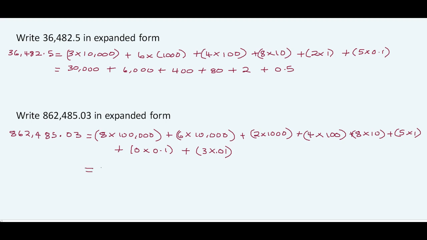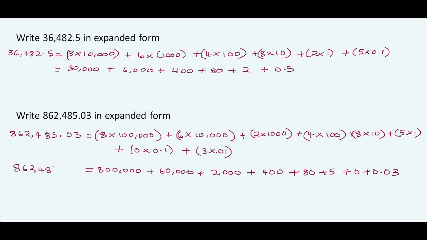So this is going to give us 800,000 plus 60,000 plus 2,000 plus 400 plus 80 plus 5 plus 0 plus 0.03. So that is 862,485.03.